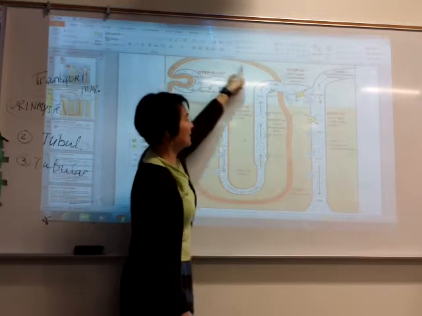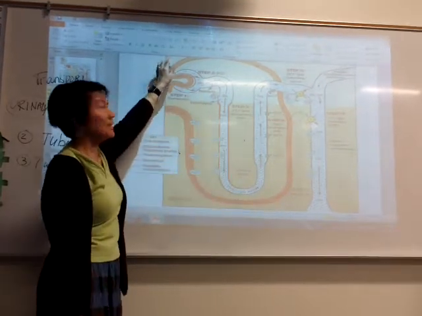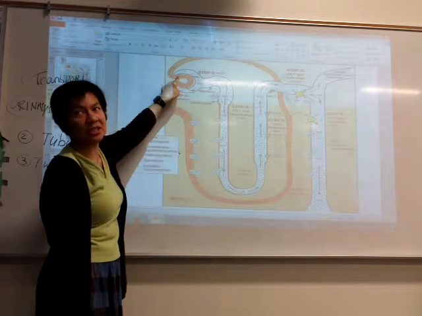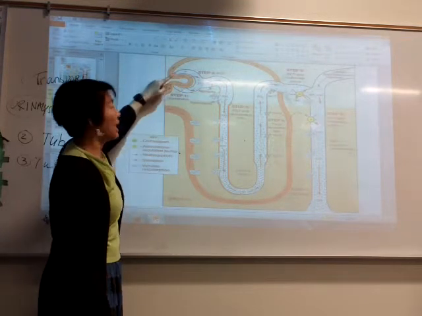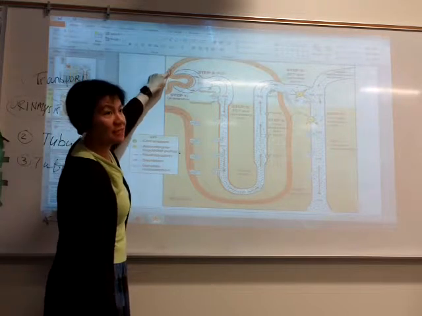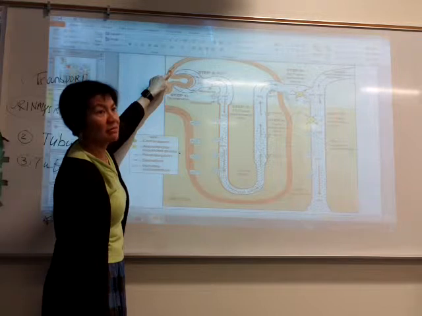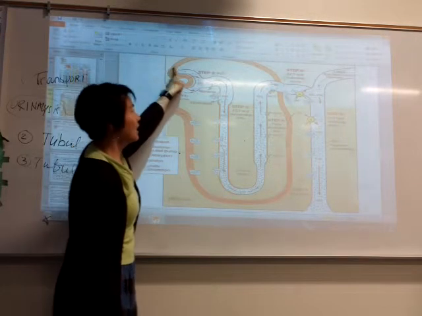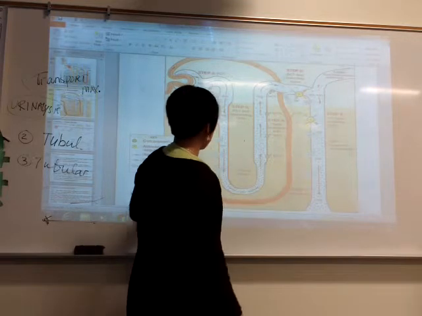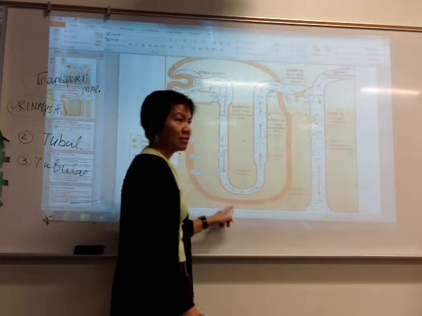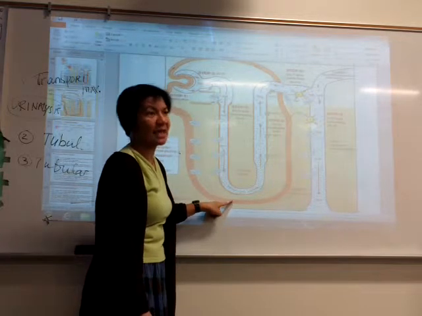efferent arteriole, and this is my peritubular capillaries. We revisit this efferent arteriole. Do you agree? By the time the efferent arteriole is flowing, the pressure here is way, way down. Do you agree? Right? So that by the time it branches into another group of capillaries right here called the peritubular capillaries, this one has no resistance at all.